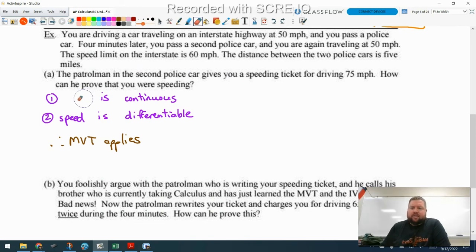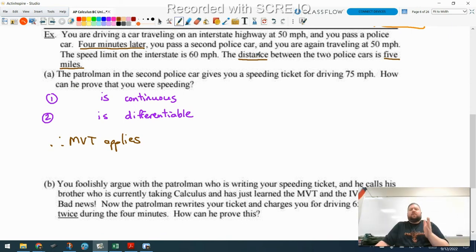Okay, so instead of writing it this way, what we're going to be looking at actually is the distance. So the distance between the two police cars is 5 miles. And then they told us how long it took us to make that, 4 minutes later. So what we're actually doing is we're talking about the distance function. And if you think about driving a car, the distance you drive is continuous.